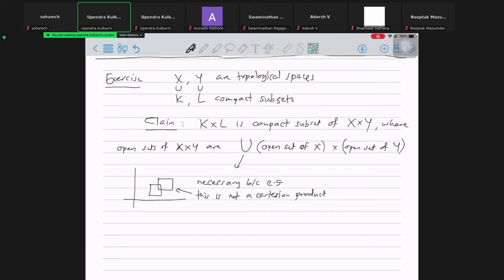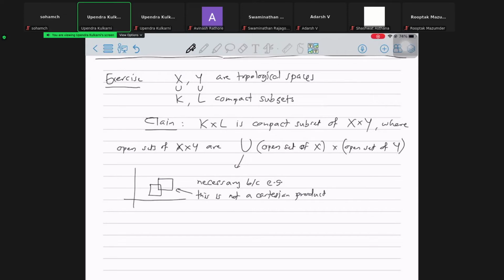Okay. See, that is the thing. Because the way I formulated it in class, in the notes I uploaded I changed the hypothesis to the sets K and L being closed. And then if I don't have the ambient space compact, why should these K and L be compact, right?